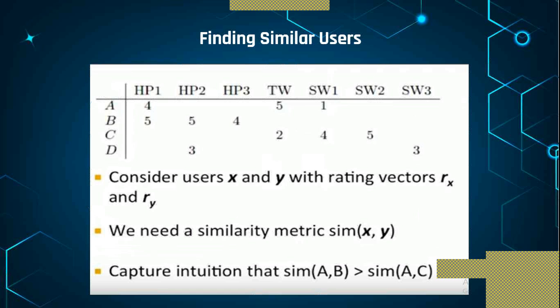Your recommendation system will give the recommendation to user A: hey user A, you can watch Harry Potter 3 because you may like this movie, because your friend, for example user B, is now watching this movie. Such a type of recommendation you can give using the similarity function. So here I am using the intuition, or you can say the hypothesis, that the similarity between user A and B is greater than the similarity between user A and C.